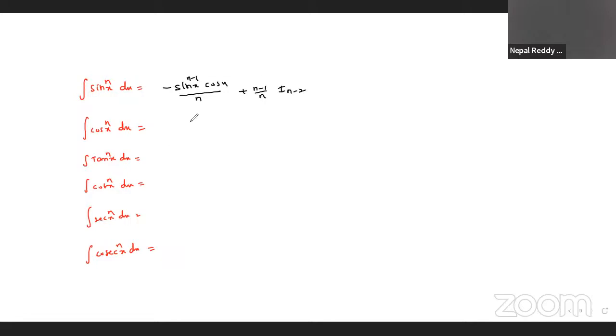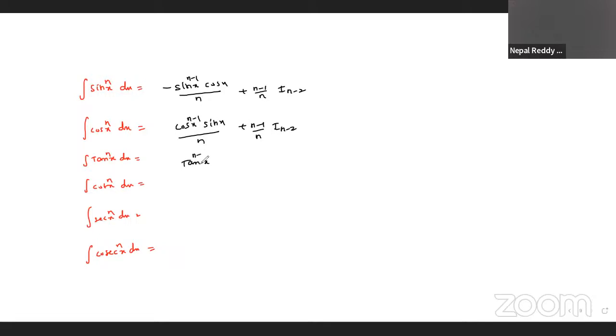Next, cos x whole power n, that is cos x power n minus 1 into sin x divided by n plus n minus 1 by n into I of n minus 2. Next, tan x power n formula.